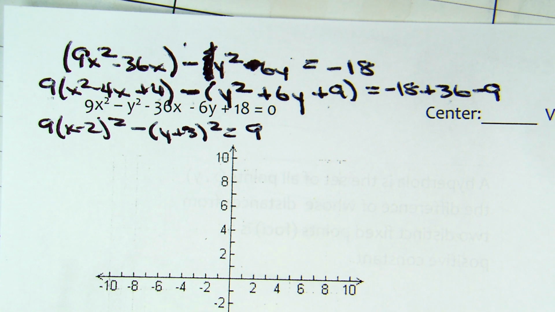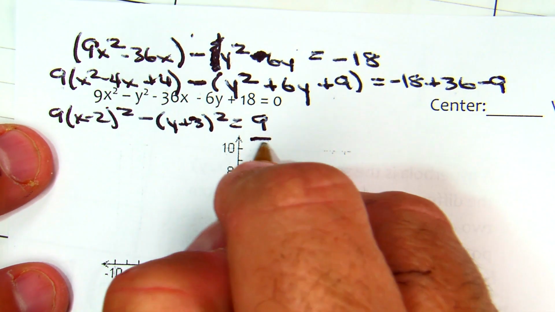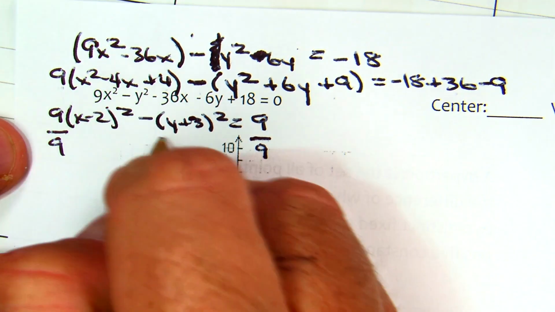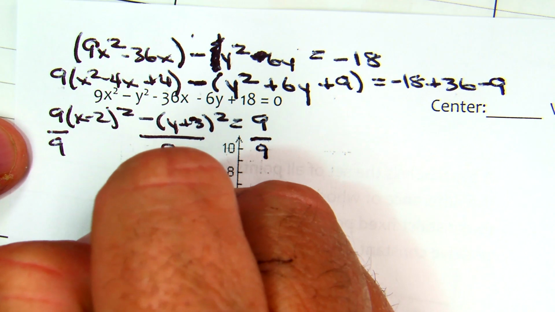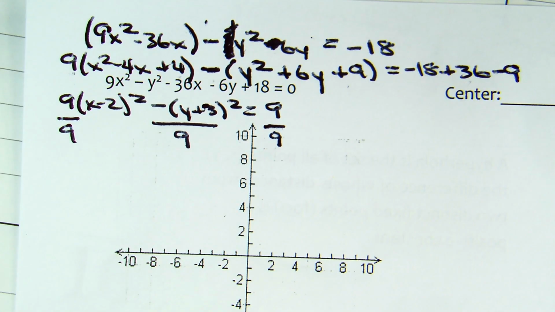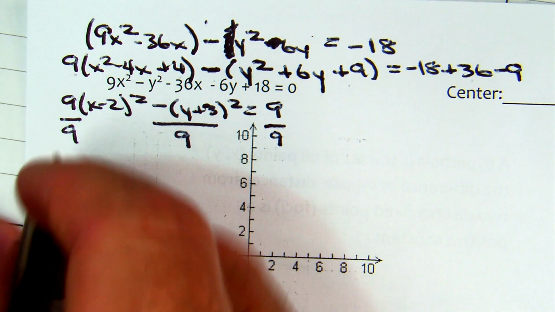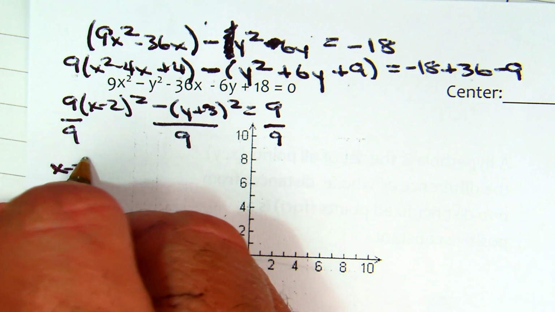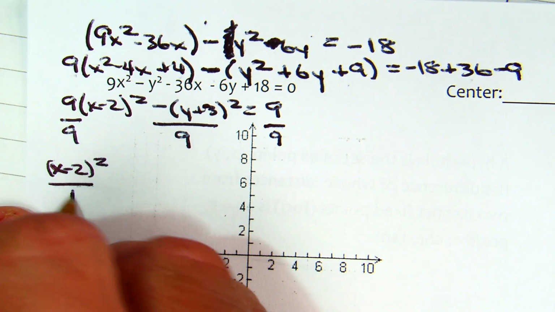Just like with the ellipse, I got to have the right-hand side be equal to what always? 1. So I'm going to divide everything by whatever that number is. For the x portion, what do the 9s do to each other? Cancel out. So I'm going to have x minus 2 squared. Your choice if you want to write the 1 or not.